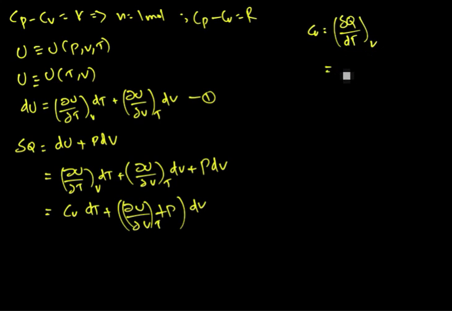Then this is given, according to the first law of thermodynamics, by del Q equal to dU plus P dV, divided by dT.